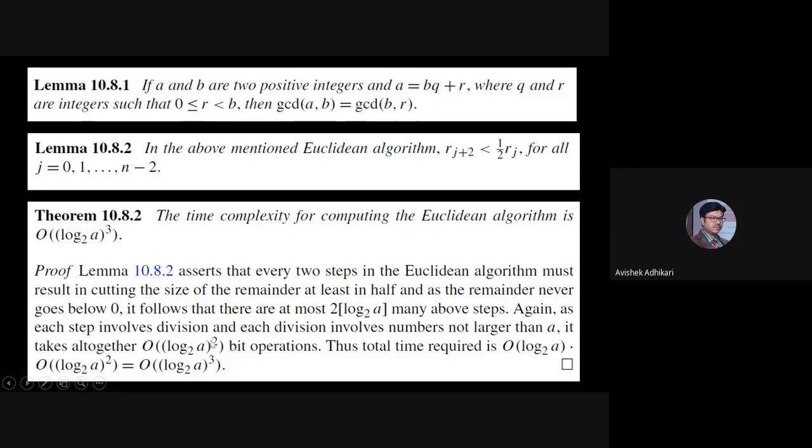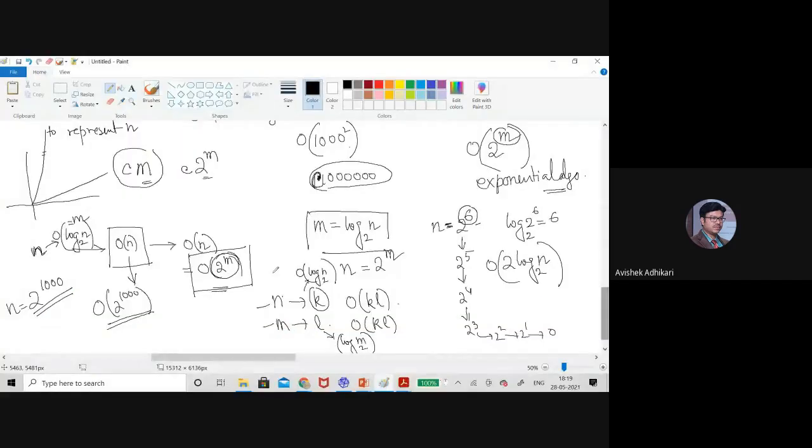That's why this whole square. And how many steps? 2 into this many steps at most. So altogether order log a base 2 whole cube. So this is your input size and this is fixed constant. That's why this is a polynomial time algorithm. Is it clear? Okay, I'm again explaining.